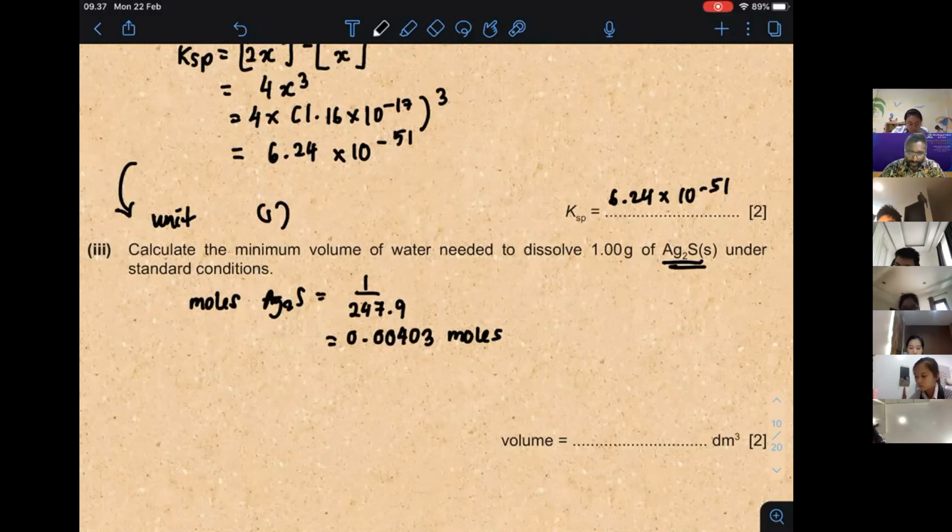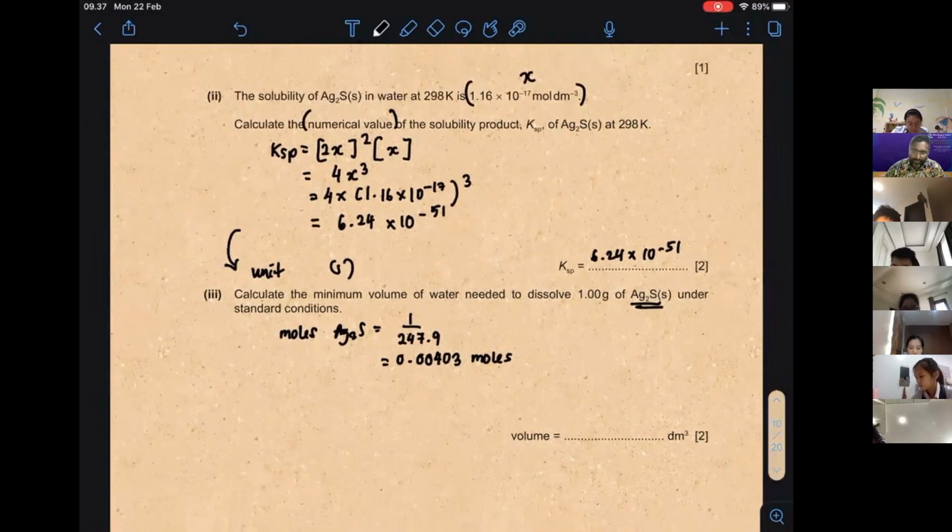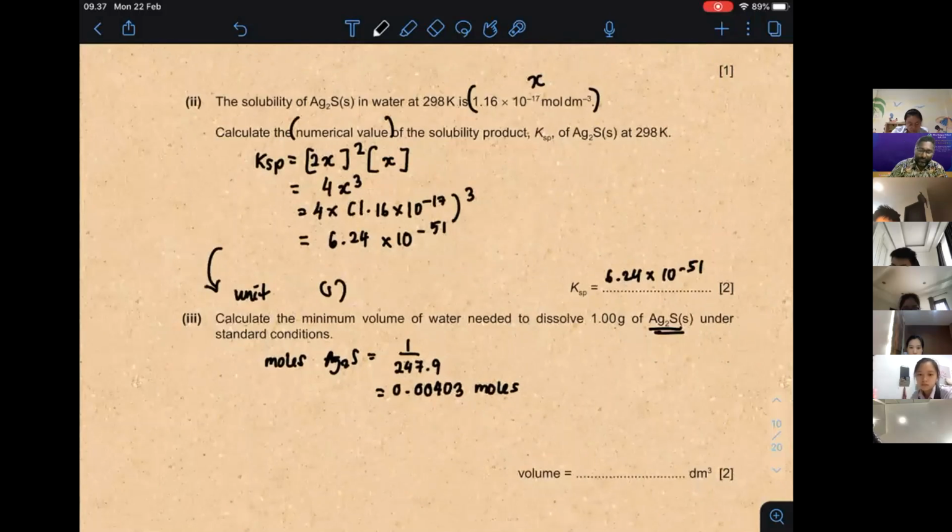Now, if you want to dissolve this, we are trying to look into not the Ksp, we are looking into the solubility. We have to use the solubility data. The solubility data is going to be 1.16 times 10 to the power negative 17.